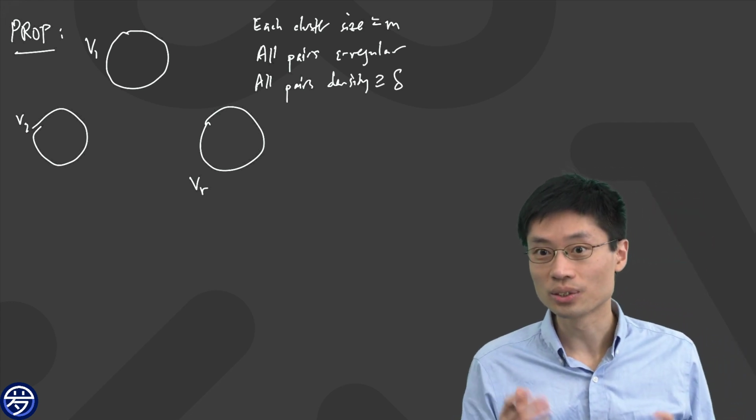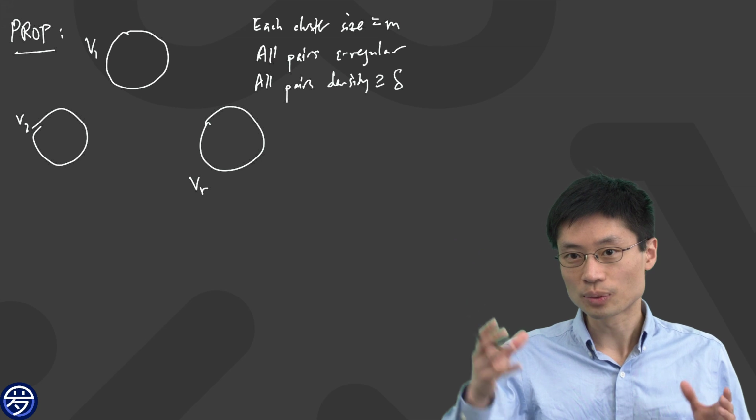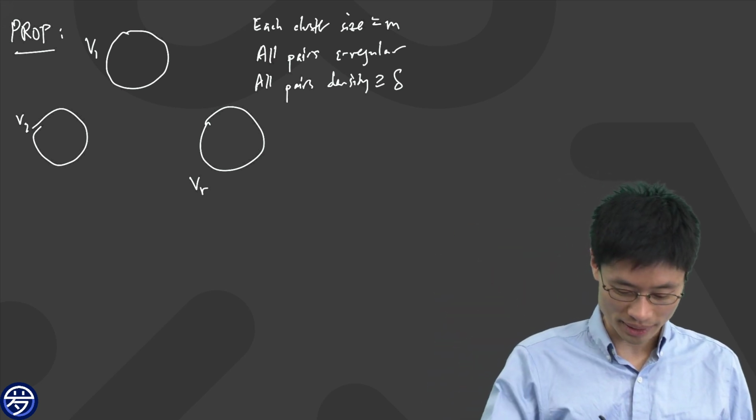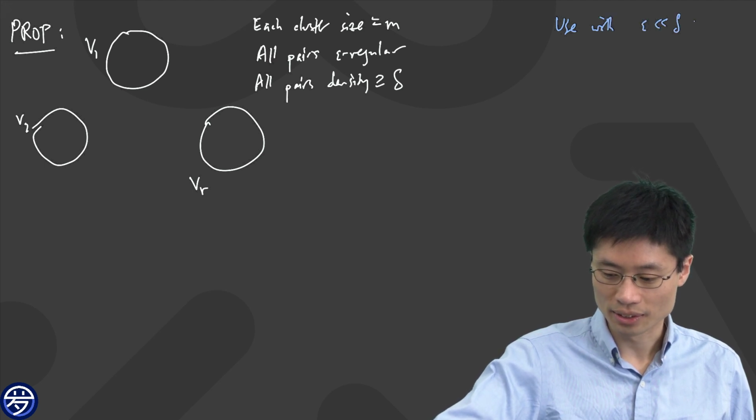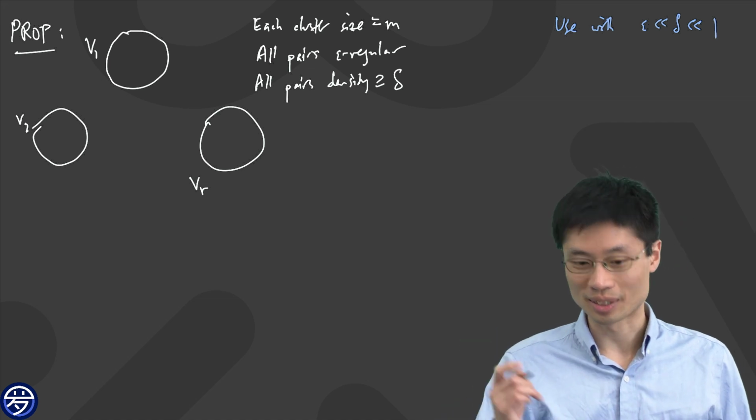Those are our two key parameters. In our head we're always thinking that we're going to use this with epsilon much less than delta, which is much less than 1. That was the plan.